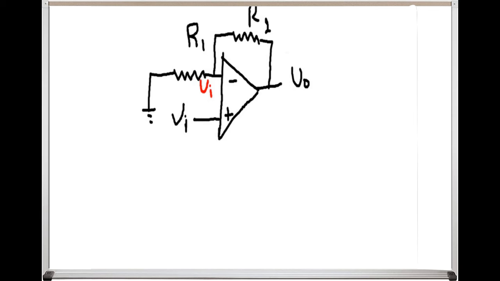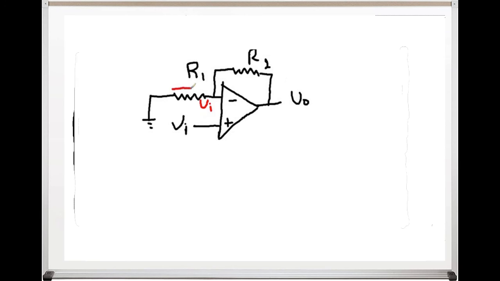If we now examine the input resistance R1, we can see that the current that flows through it, I1, will be 0 minus V in divided by R1.